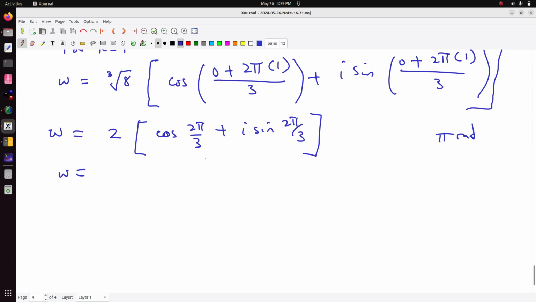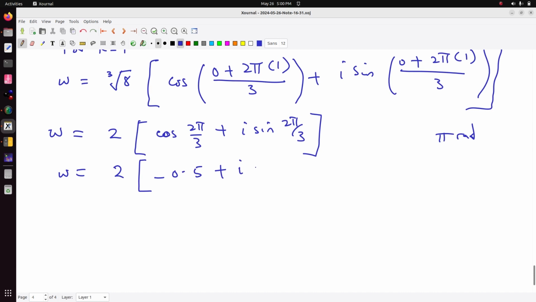I'm going to leave my calculator in radian so that I can easily find the cos of 2 pi divided by 3, so that is minus 0.5.